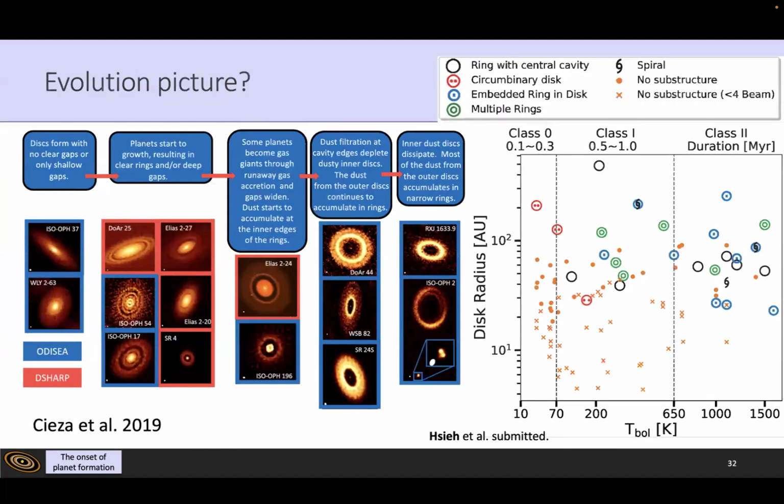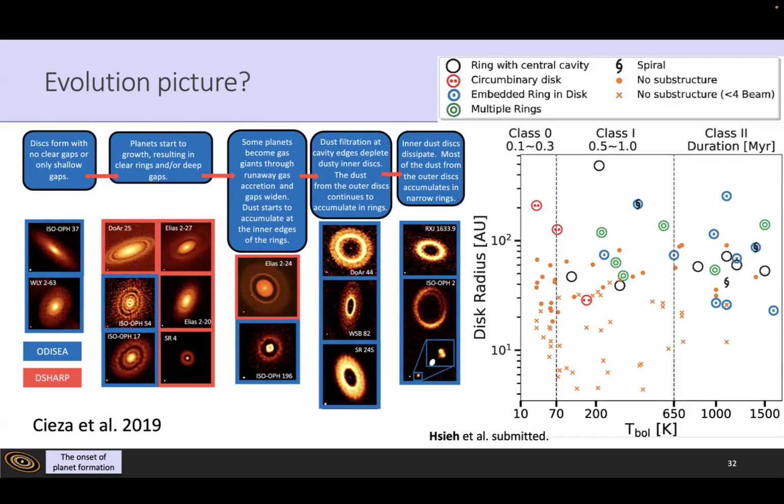Hsieh et al. in 2019 proposed an evolutionary picture for disk substructures. You start with a very smooth disk without any gaps. Then later you start to see very shallow gaps, such as multiple rings starting to form.